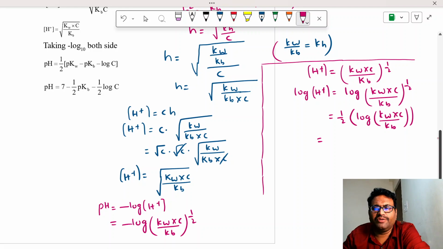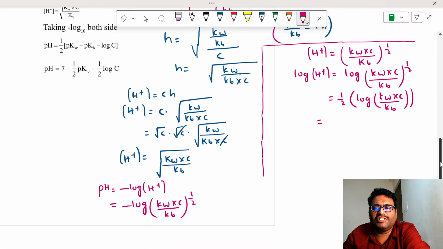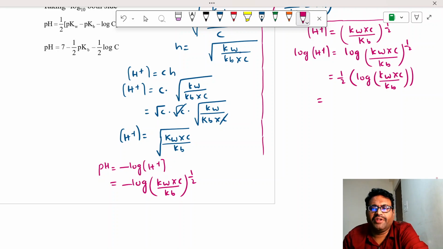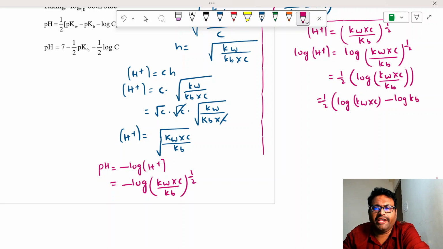Which is equal to, log A into B is equal to log A plus log B, and log A by B is equal to log A minus log B. So half into log Kw into C minus log Kb. Right? I can write.